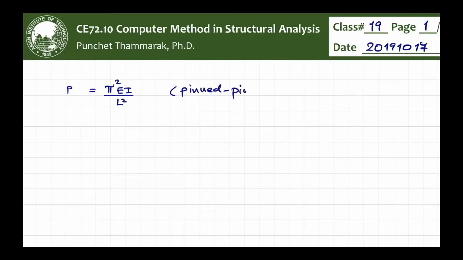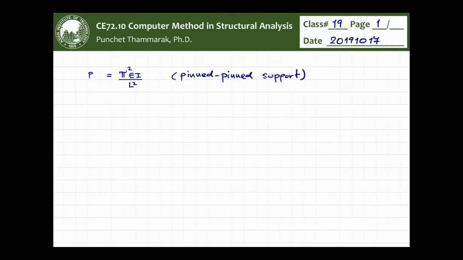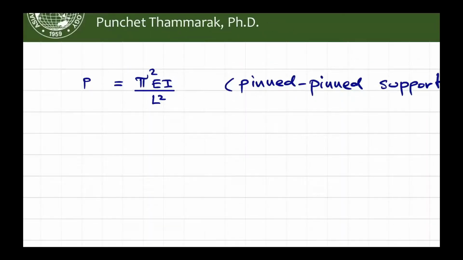So once you get the P value, you know P over EI, which equals pi squared over L squared. Okay.